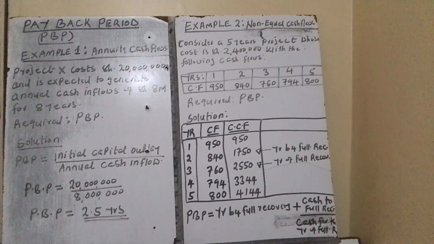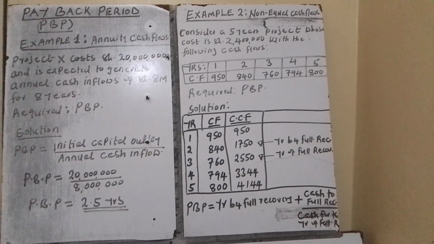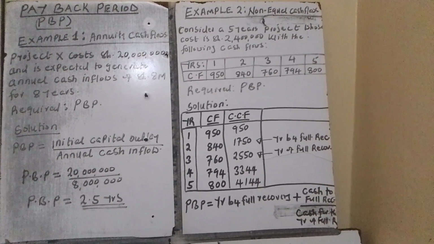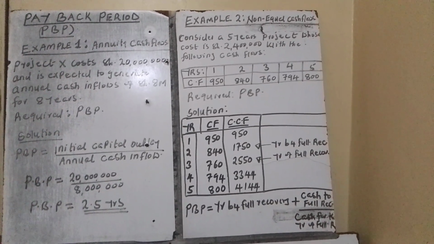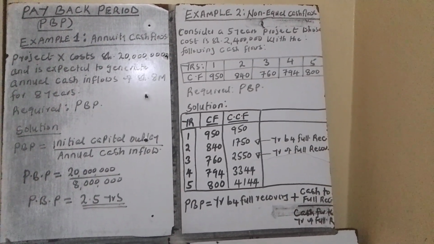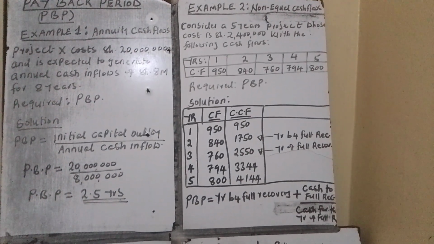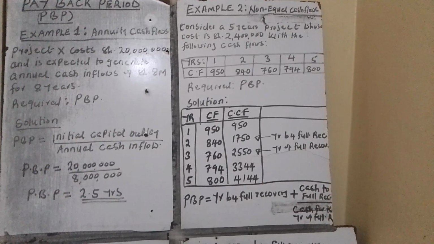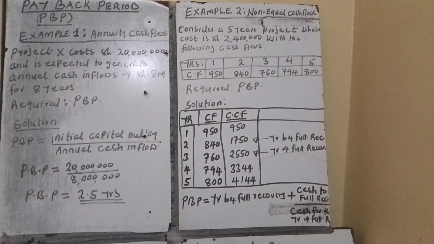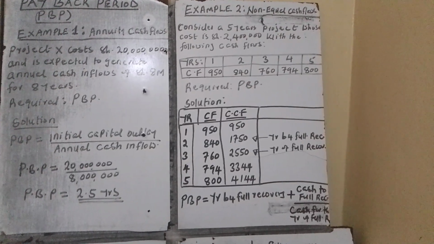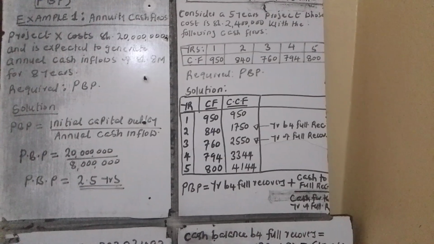One, a situation where the cash flows are constant, or annuity cash flows, as we have shown in our first example. That presents a very simple way of obtaining our payback period, because you take the initial capital outlay divided by the cash flows generated by the project per year, and those cash flows are obviously constant. Then you'll have gotten your payback period.